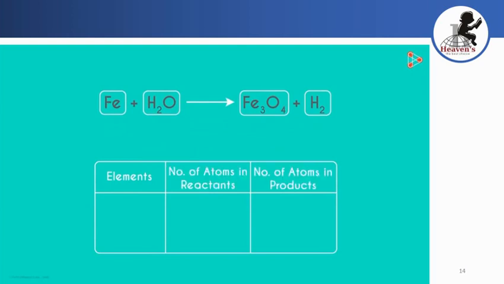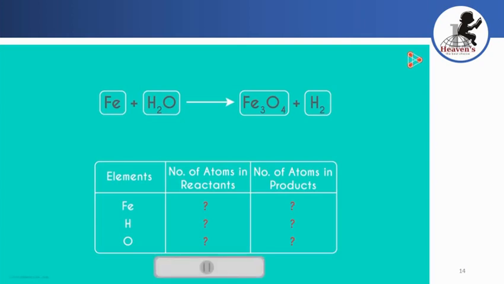So now write the number of atoms on both sides. The different elements are iron, hydrogen, oxygen. The number of atoms on the reactant side: iron is 1, and on the product side 3 iron atoms are there.